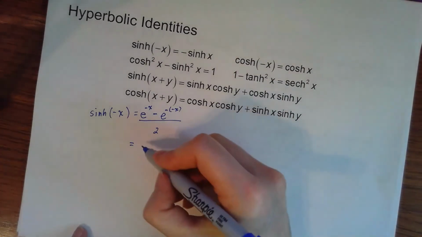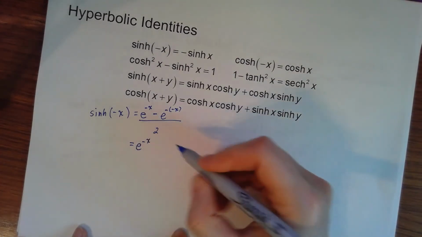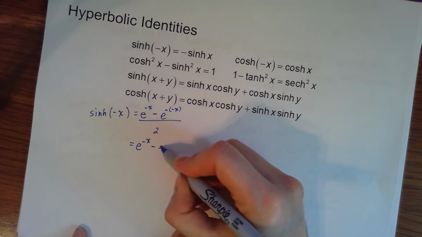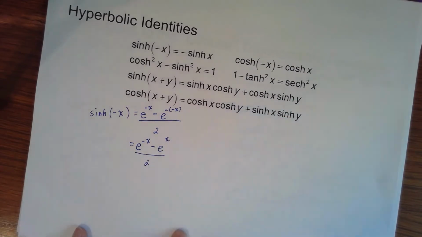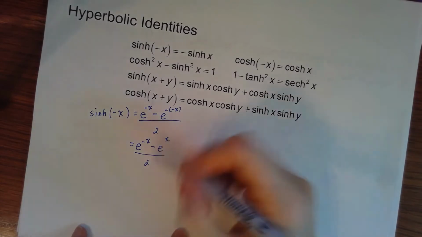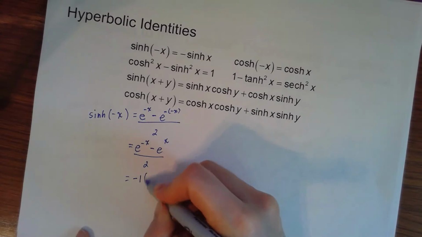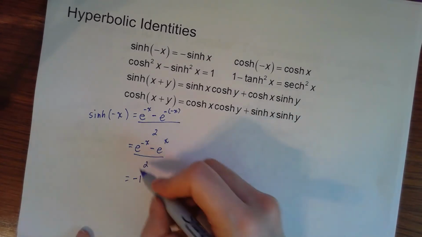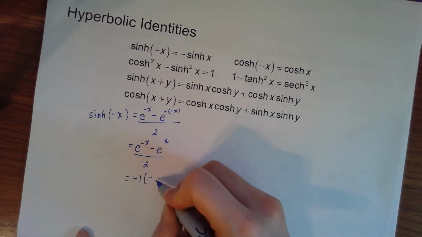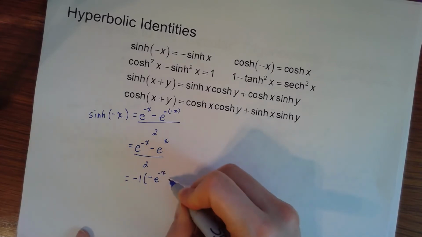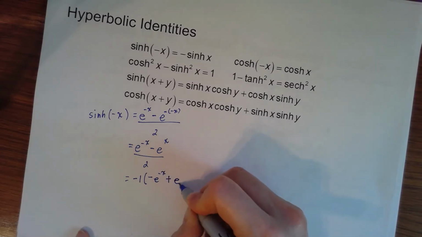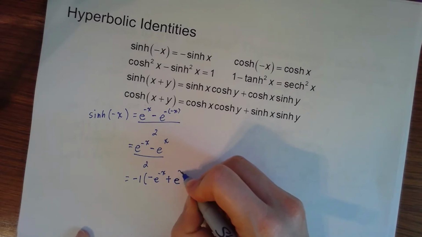That means we're going to get e to the negative x minus e to the x over 2. Now in all of our hyperbolic sine, the e to the x came first, so we could rewrite this if we factor out a negative 1. Then that would be negative e to the x minus e to the negative x, which is written as negative e to the negative x plus e to the x.